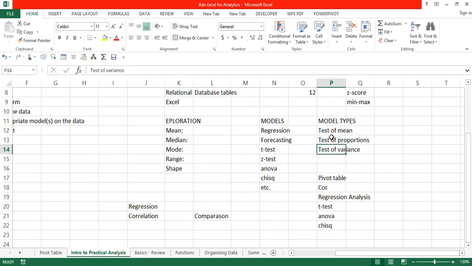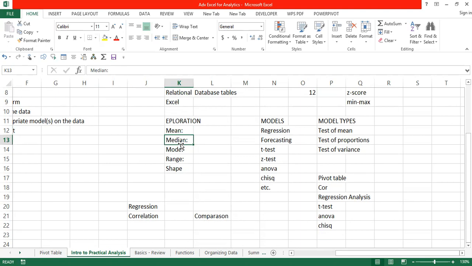Of course, before then, it all starts from descriptive statistics anyway, like mean, median, mode, range, and so forth. I believe you are used to this. Mean is simply average, right? Yes, sir. You use the average function to compute the mean in Excel.